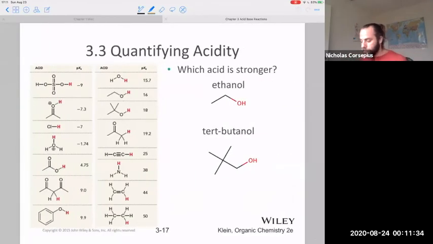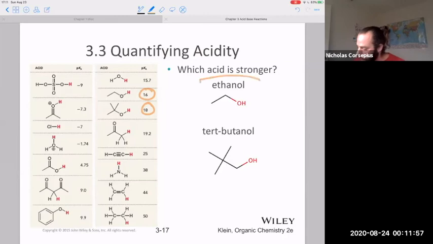Okay, so then let's just do this simple example here. See if you can tell me which one's going to be the stronger acid, ethanol or what's called tert-butanol. So the first thing we're going to do is look on our table of pKa's. We're going to find ethanol, and we're going to find tert-butanol, and we're going to ask ourselves which one has the lower pKa.